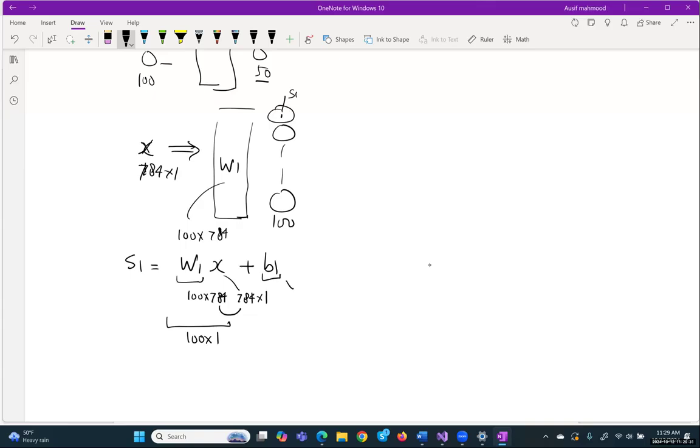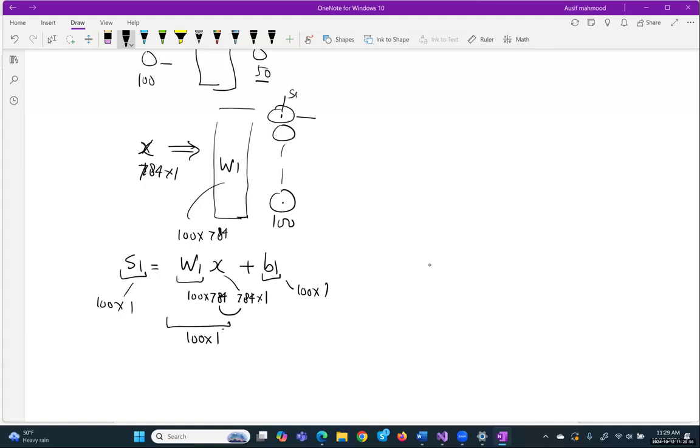B1, we already agreed it's 100 by 1. Can I add 100 by 1 with 100 by 1? Yes. So what will be the size of S1? 100 by 1, right? Because we already talked about the sum, which is the middle of the neuron. There are 100 neurons, so it has to be 100 by 1.